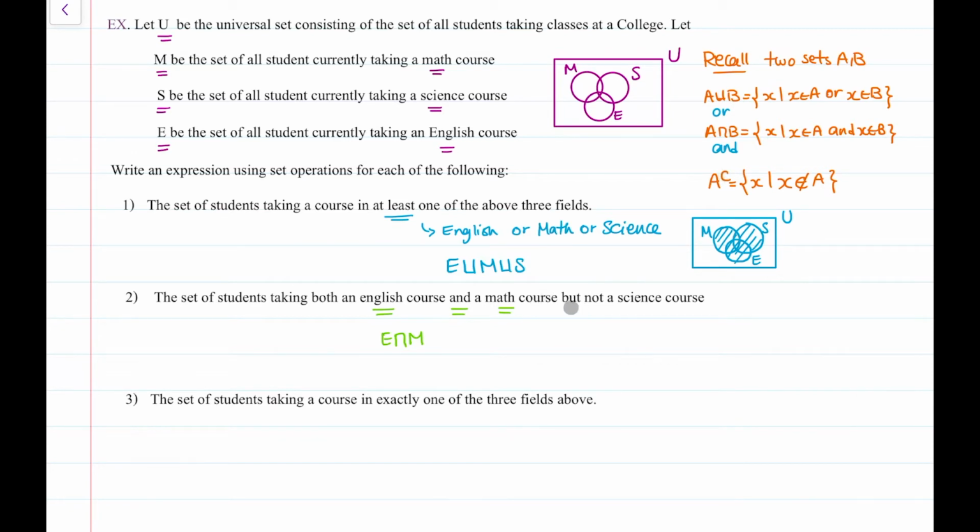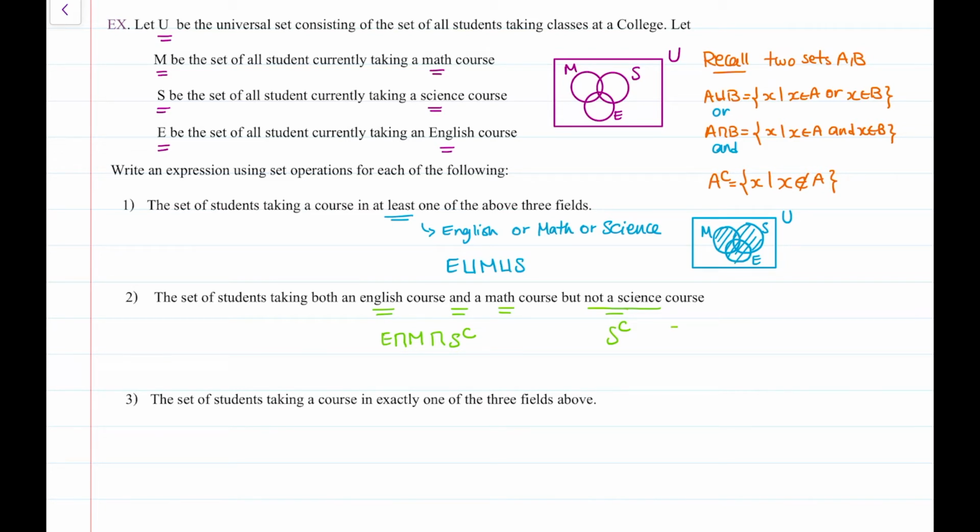Here I said but not a science course. It means that I don't want those students to take the science course. So not a science would be S complement. Taking English together with math, and I don't want them to take science, so it would be intersection with S complement.